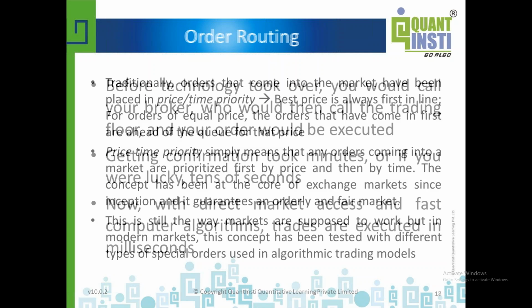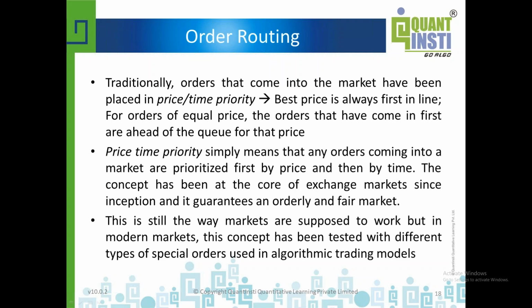So what is order routing? I've already discussed price time priority. Orders that come into the market are placed in price time priority. The best price is always first in line, and for orders of equal price, the orders that came in first are ahead in the queue for that price.